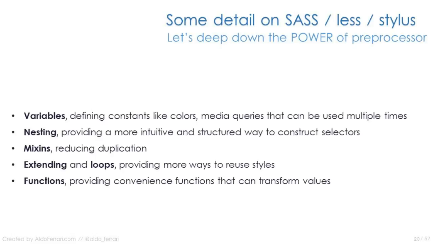So what you can do with this kind of language, and I will give you an example, you can have variables. For example, defining a variable for your color. Imagine that you have a website that is blue and black. You can create a variable defining the main color and another variable defining the second color.